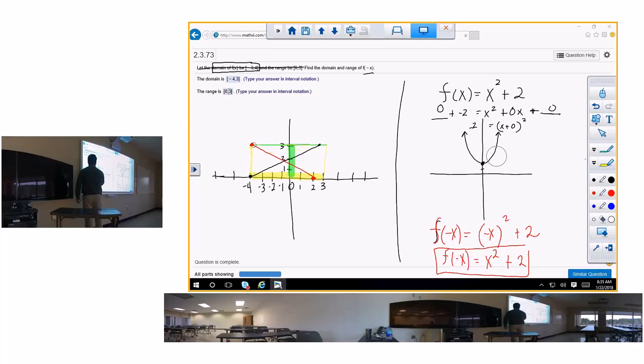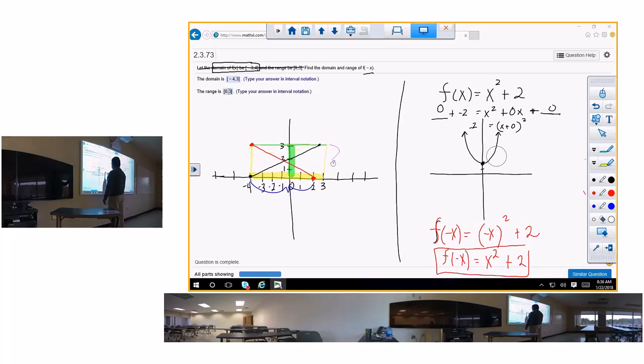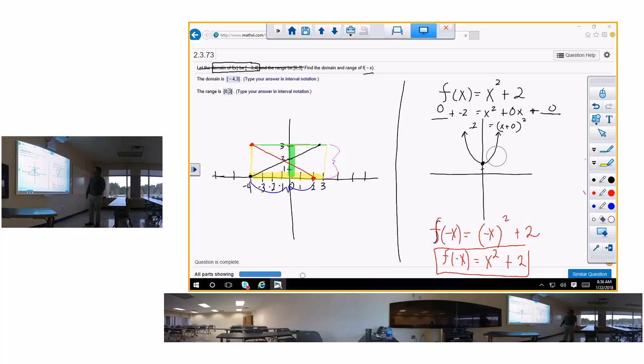And you can see that the domain of the black line and the green and the red line are the same. And the range of the black line and the green line are the same.